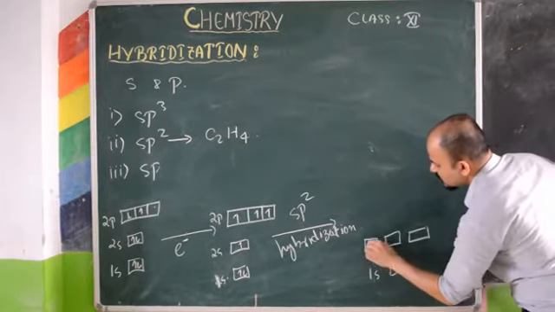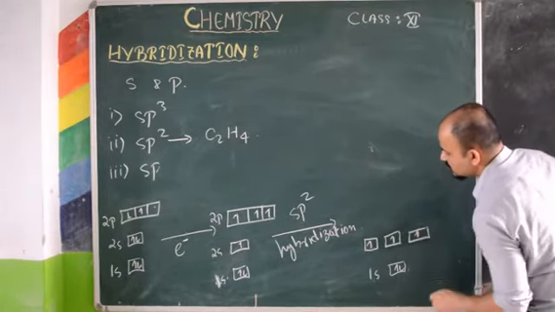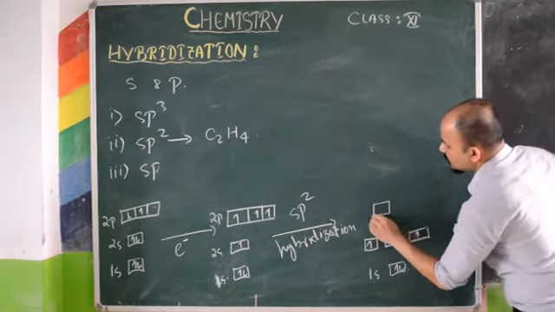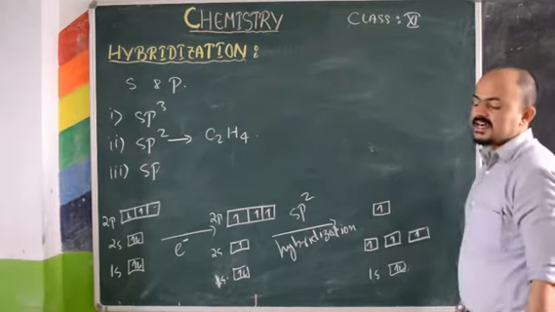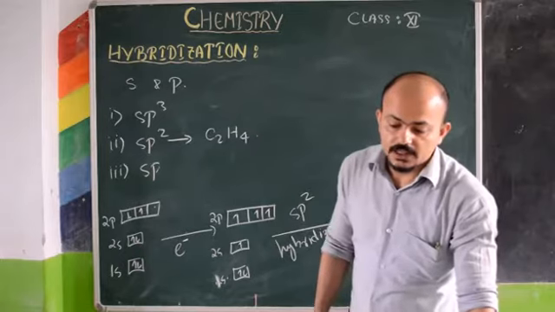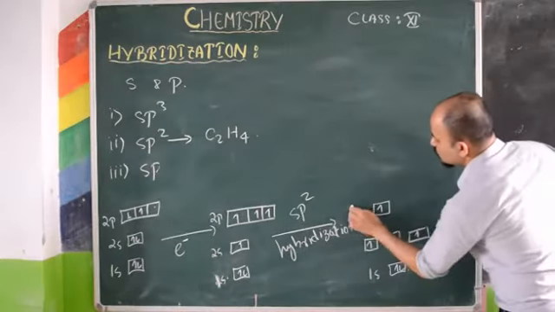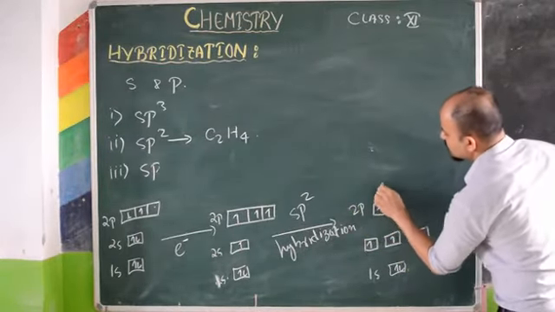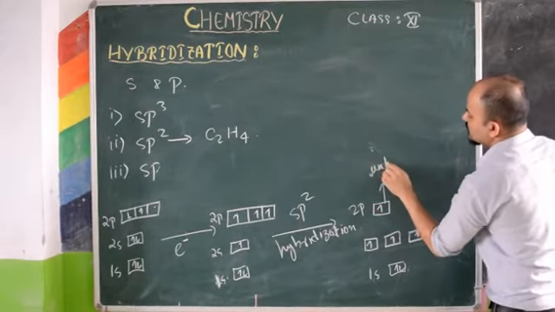Now these 3 will be occupying one electron each, and one of the orbitals is unhybridized. This 2p orbital is unhybridized.